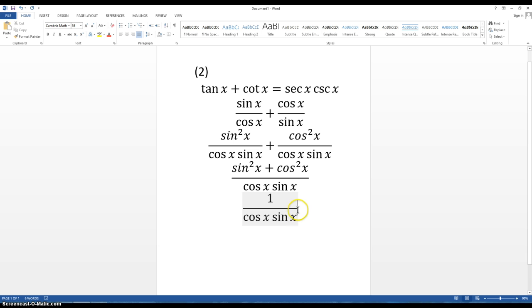Alright, we're almost done because now all you need to do is basically split up this fraction.